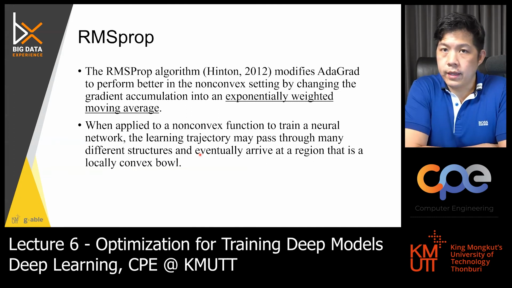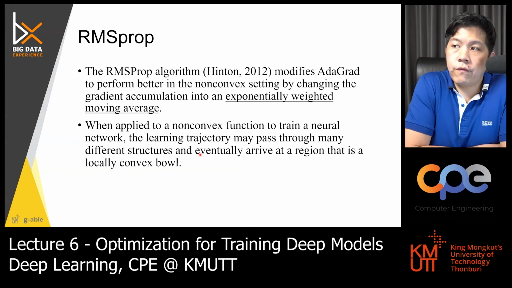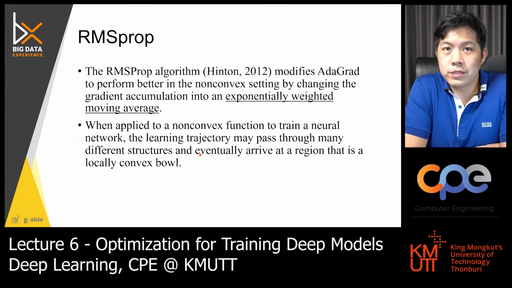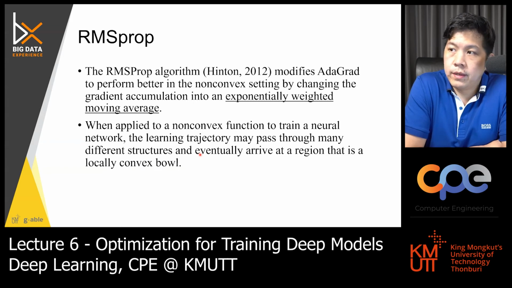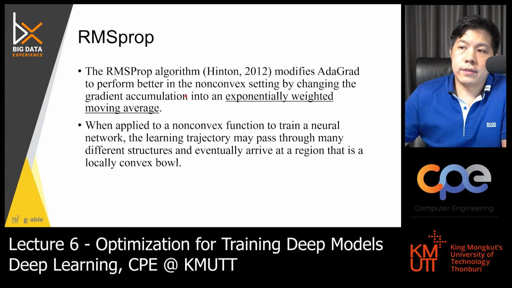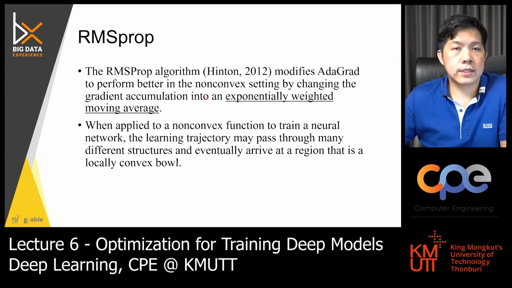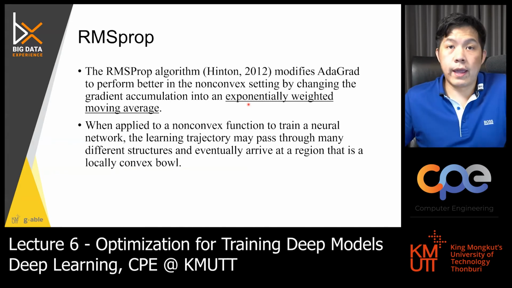Next one is another family which was proposed by Professor Hinton in 2012. The algorithm is called the RMSProp algorithm. It is a modified AdaGrad that performs better in the non-convex setting by changing the gradient accumulation into an exponential moving average.